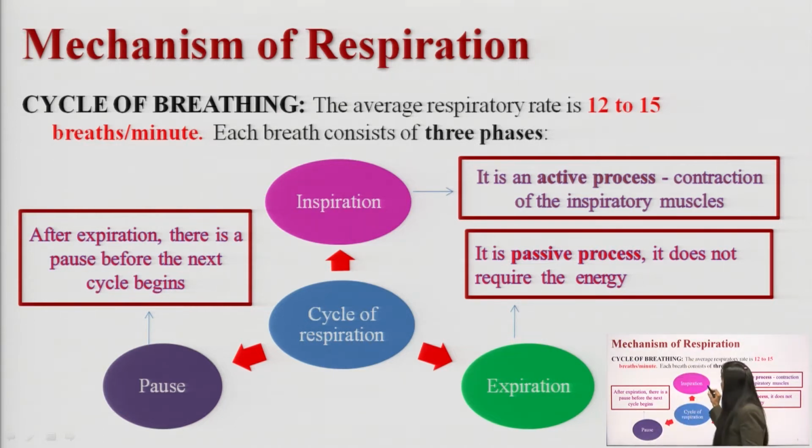One is inspiration, the second is expiration, and the third is pause. While taking a breath, you have these 3 phases: inspiration, expiration and finally a pause. You take a small gap and then continue with inspiration. Inspiration is an active process where energy is required.